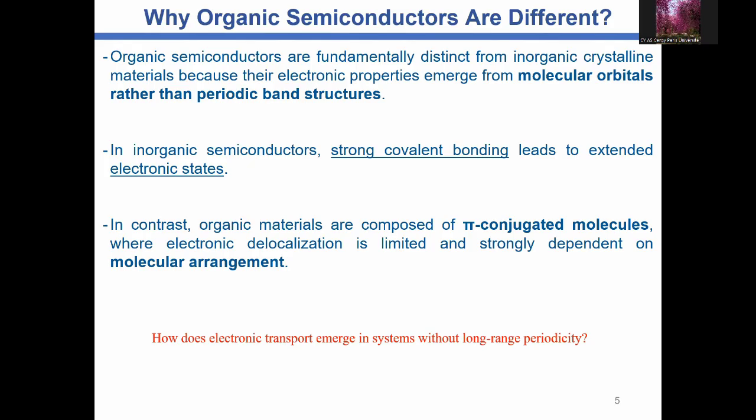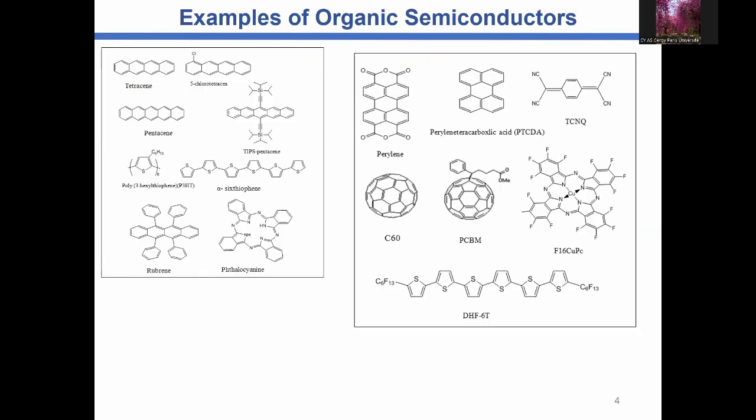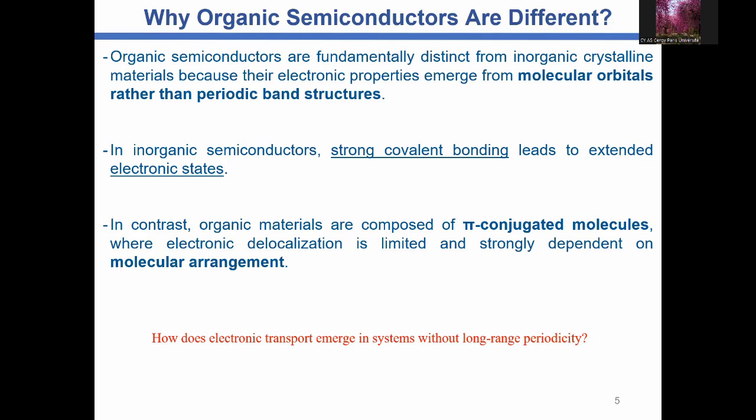So it means that we have the pi bonding, which means this second bonding of the carbon, and this bonding is delocalized over the carbons, but they need this molecular arrangement. It means that depending on the morphology of your material, you have something more or less favorable to transport. So we will see it today.